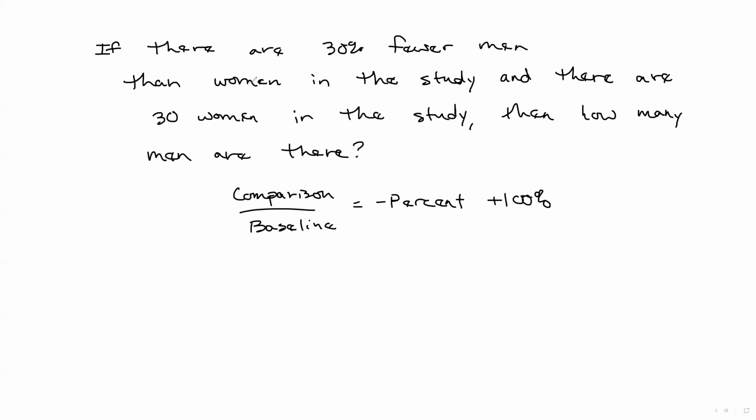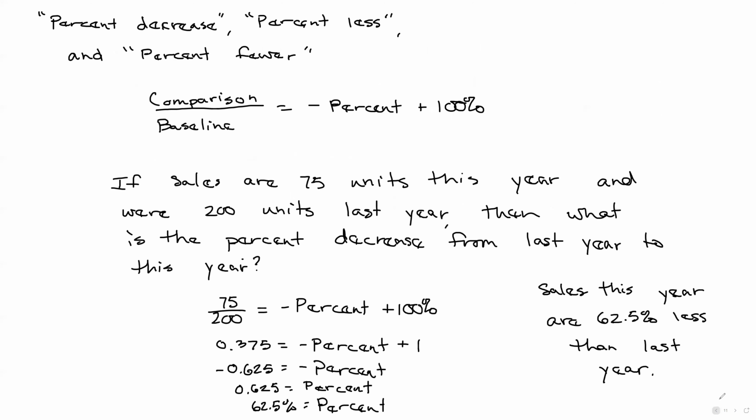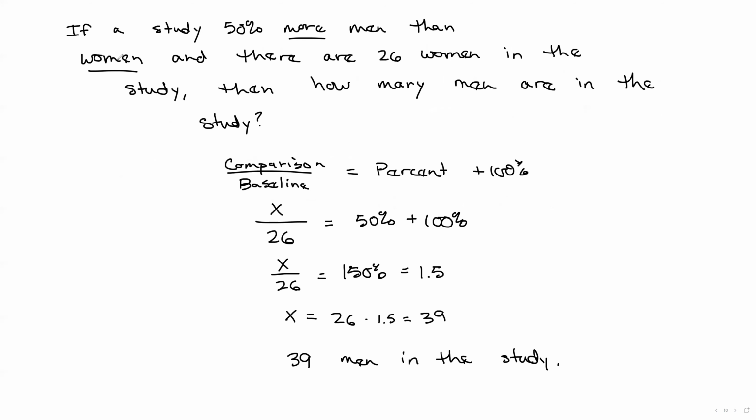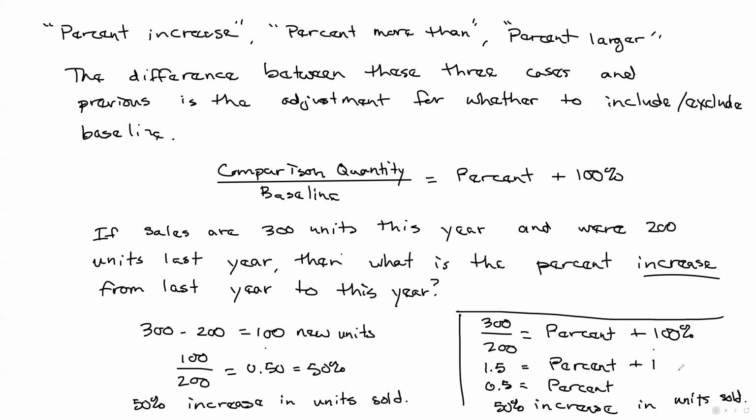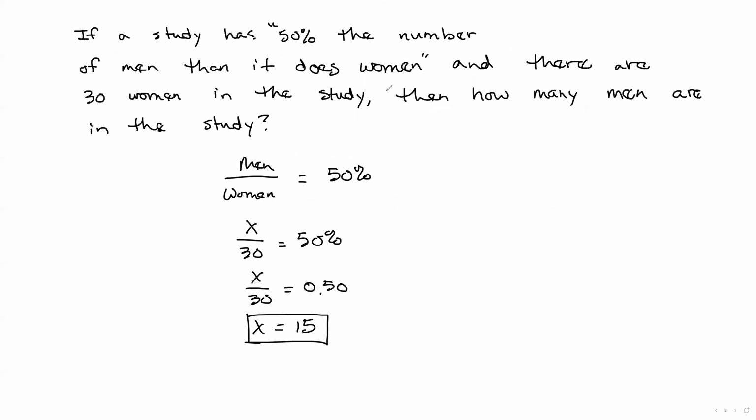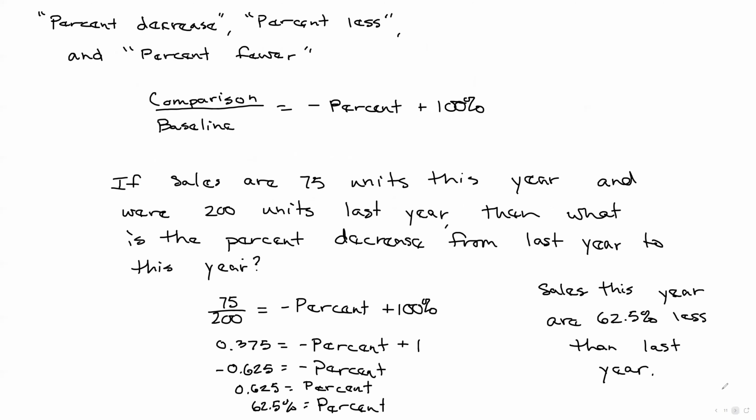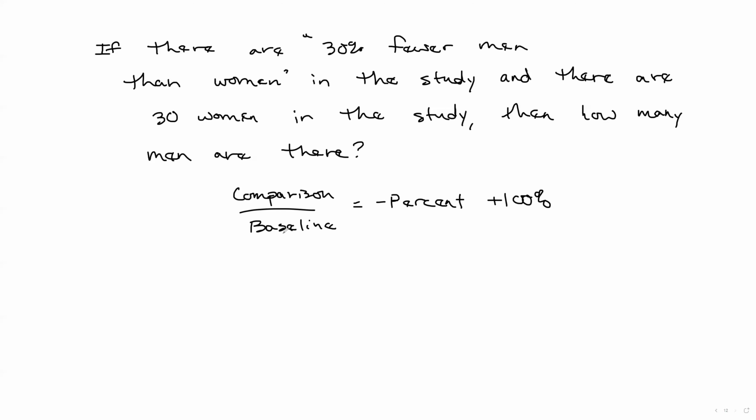The thing that comes at the end of this phrase, that's the baseline. It's consistent throughout, right? We did the same thing with this case. It's more men than women, so women was second. That's why that was the baseline. And it's consistent with this case too, 50% the number of men than women. So women is going to be the baseline. Whatever comes second is going to be the baseline.